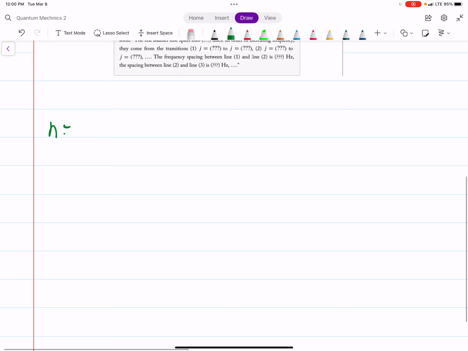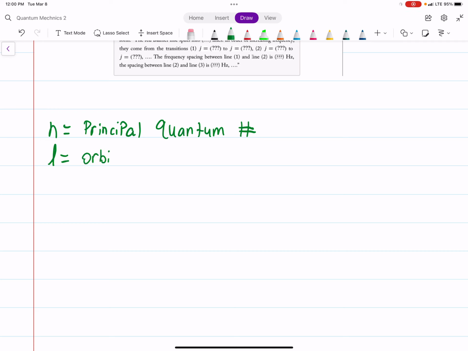So n is your principal quantum number, which is associated with our energy. L is your orbital quantum number, and that has to do with angular momentum.